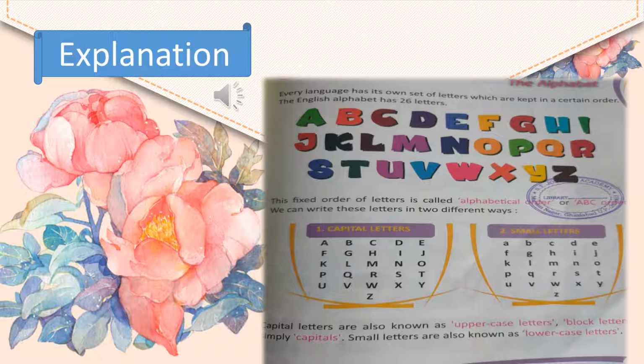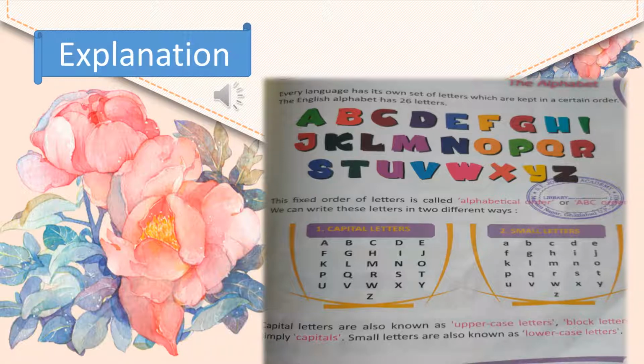We can write these letters in two different ways. As you can see in the picture, on my left the letters are written in capital form, and on my right the letters are written in small form. Capital letters are also known as uppercase letters and block letters, or simply we call them capitals.